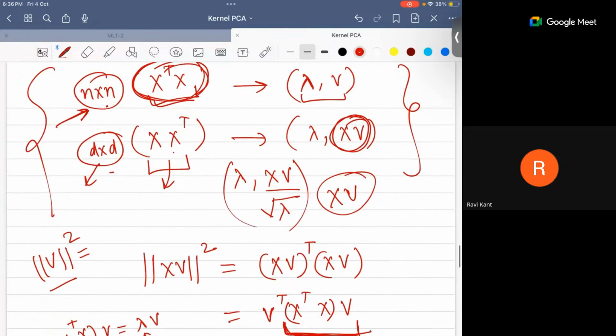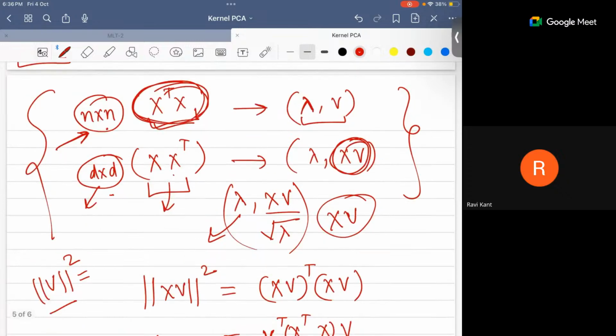So for X X transpose, you have eigenvalues and eigenvectors also. The eigenvector is simply Xv upon root lambda, and that v is basically the eigenvector corresponding to your X transpose X. I hope this is making sense.